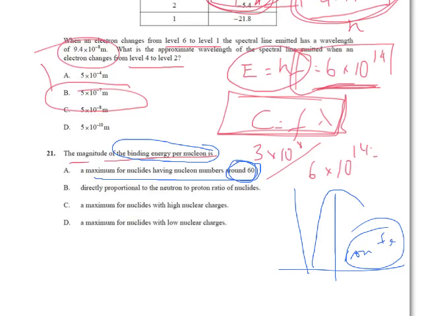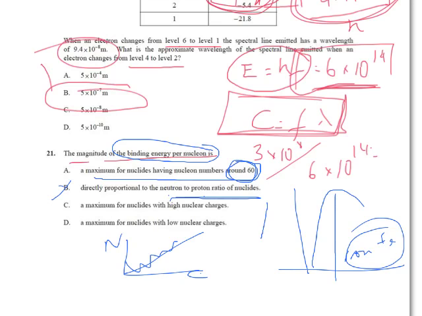Is it directly proportional to the neutron to proton ratio? Well, that's not true, because what that's saying is that it's relevant to the number of neutrons and protons, and that's a different graph. That's the N-Z graph, which has that bit in the middle, if you remember, showing you the kind of decay that you expect.